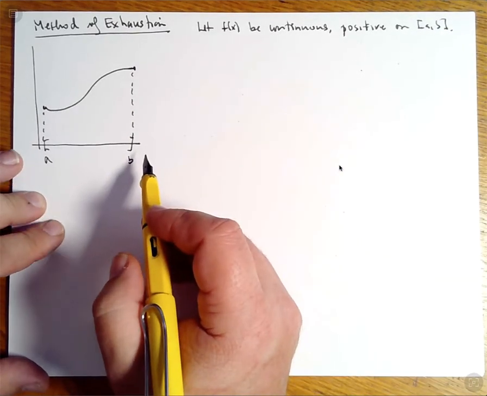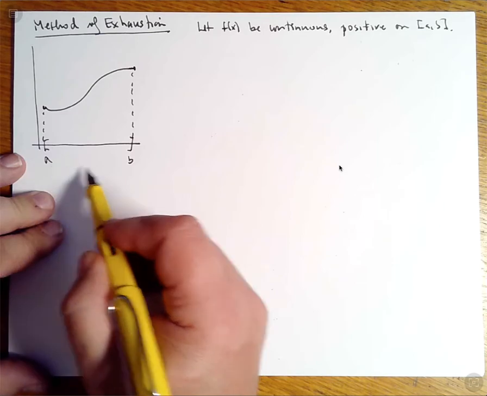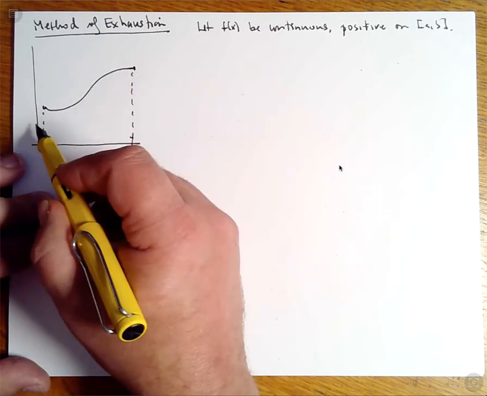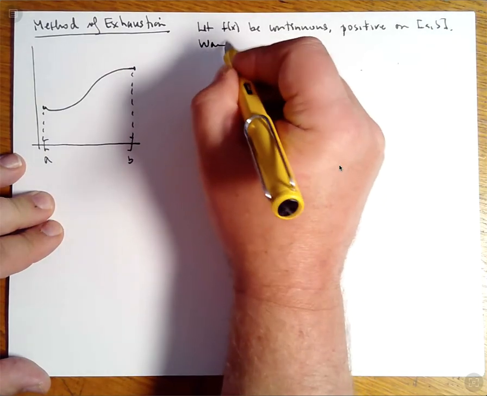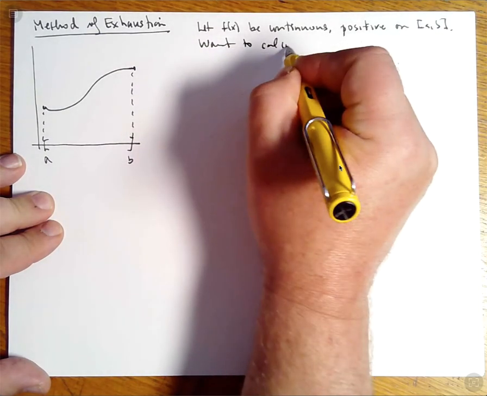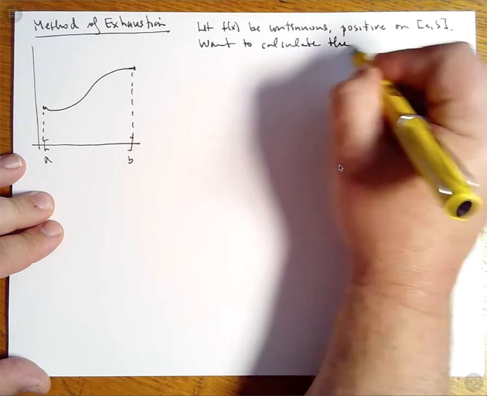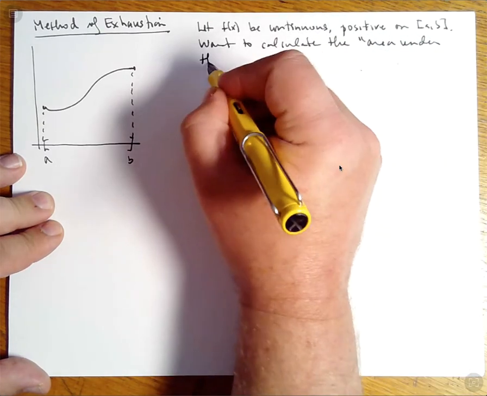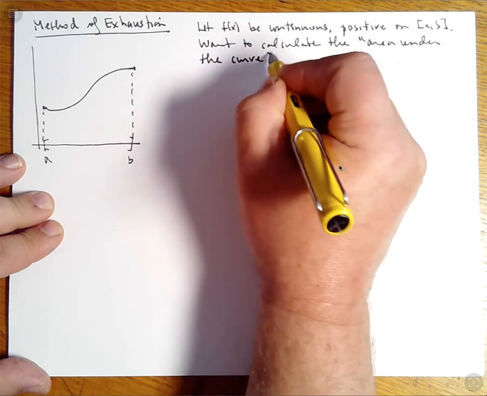That is, we want to calculate the area of this region, the area under the graph, or area under the curve, as it is so often said in calculus classes.